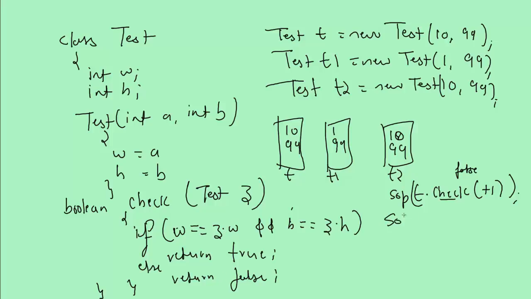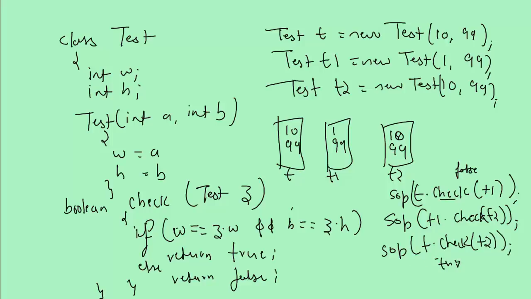Same way, SOP of T1 dot check of T2 will return false again. The other way round, T dot check of T2 will return true, right? So this is just a simple program to explain call by reference, but the main intention here is, just observe, till now we used to communicate with only one single object, single reference or single memory allocation.